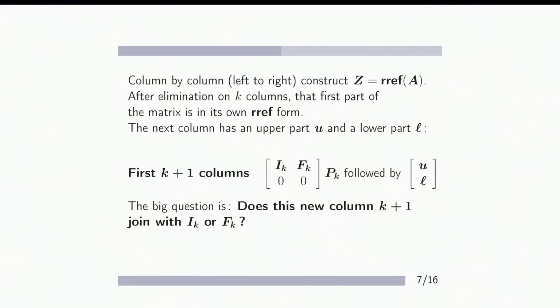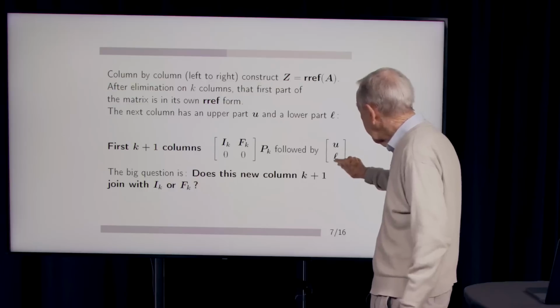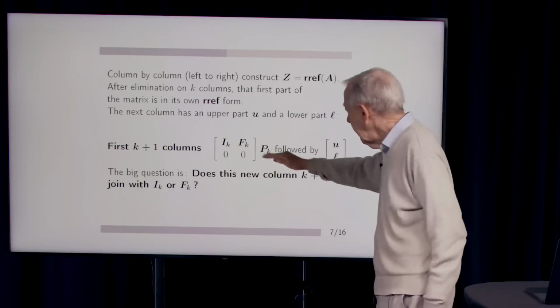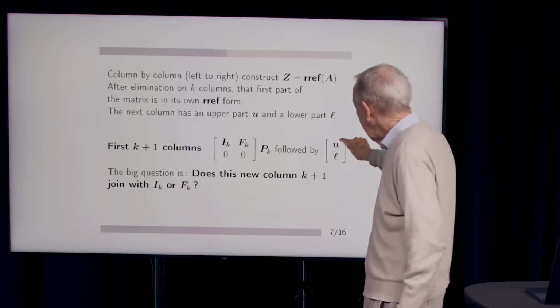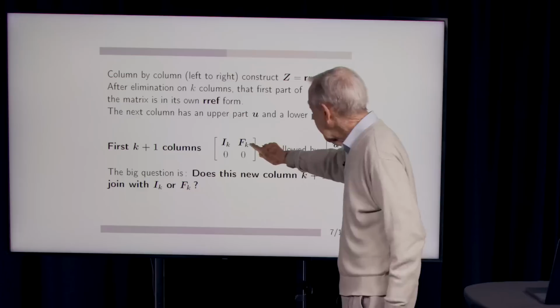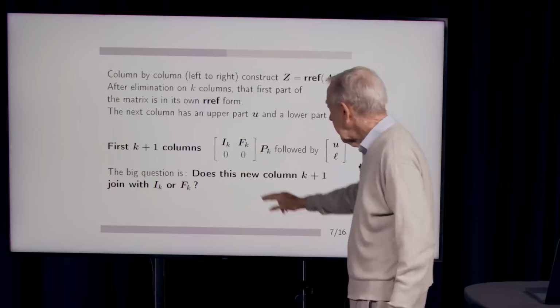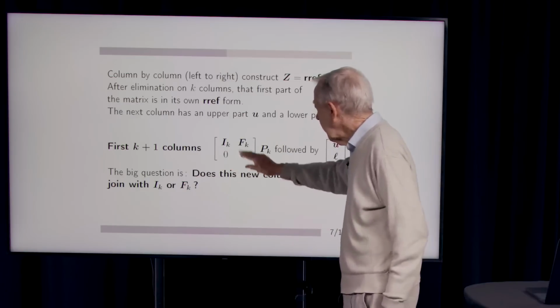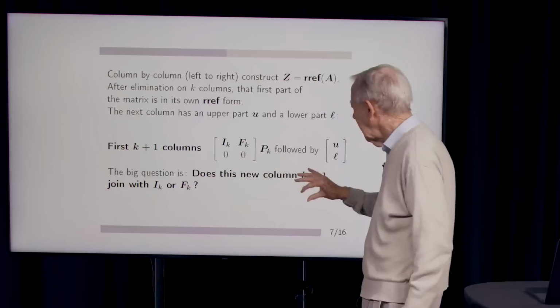Well, if L is the 0 vector, if it's all zeros below the pivot, then this U will go along with F, because we're not getting anything new. We still have k non-zero rows.